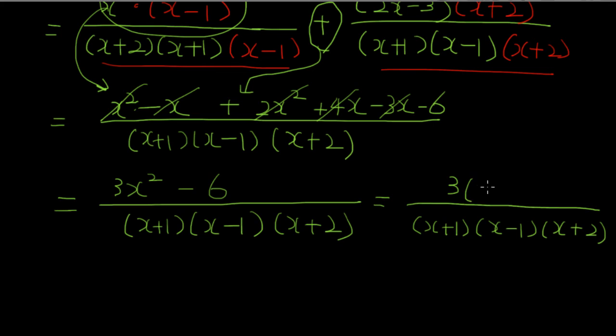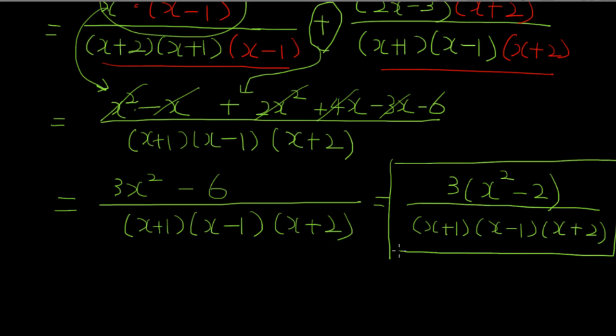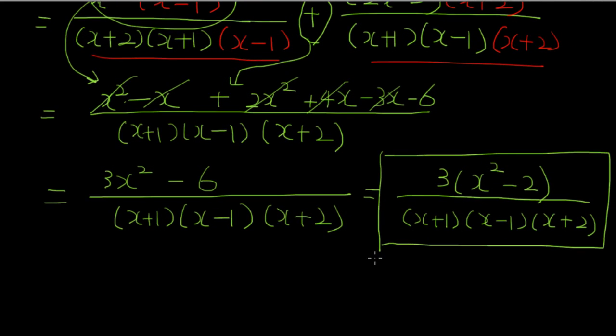Factor out the 3, then x squared minus 2. It becomes something like this. So this is going to be our answer, and we also should have x cannot be equal to negative 1, x cannot be equal to 1, x cannot be equal to negative 2, right, from these 3.